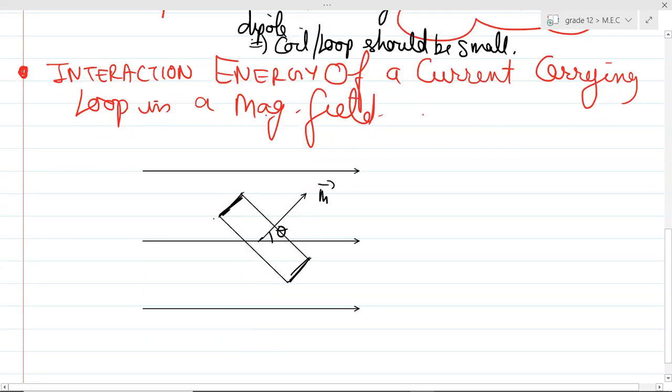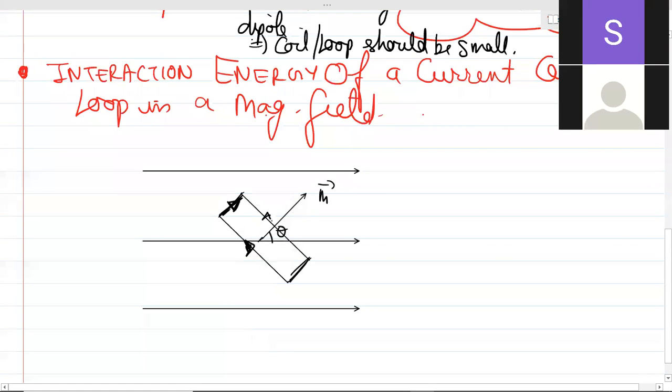Now is everybody able to understand this loop, right?